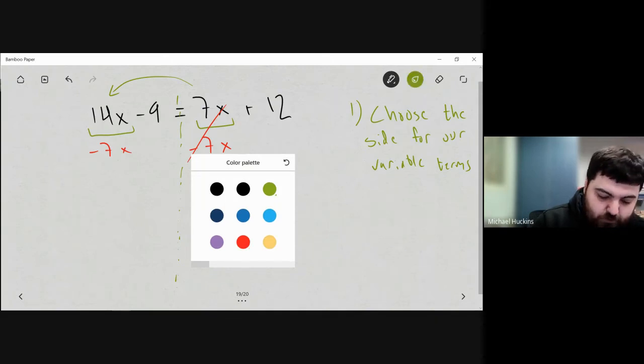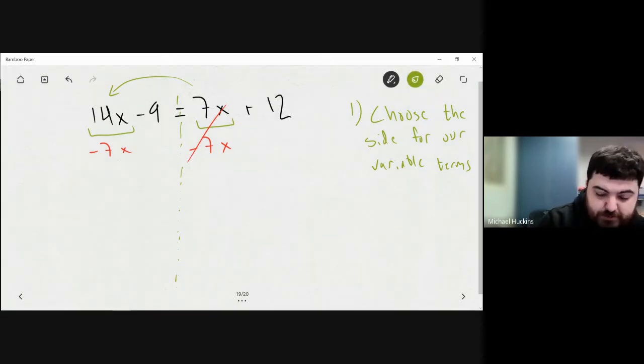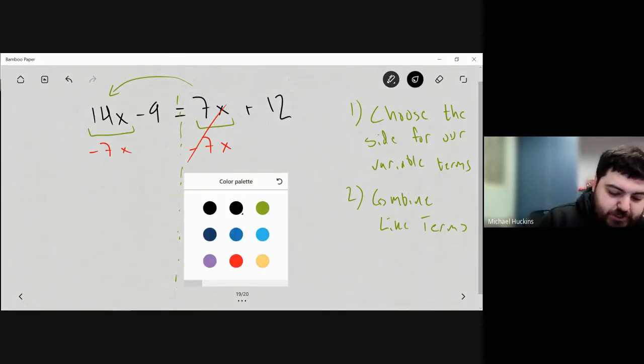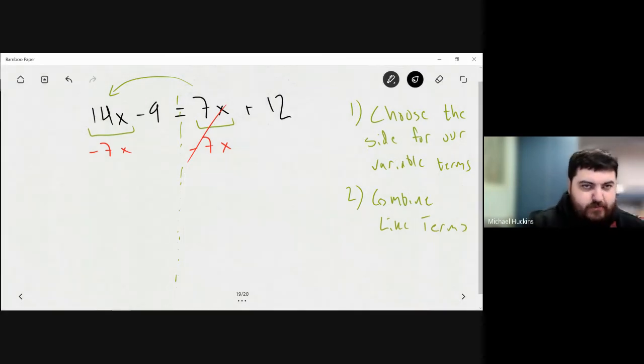That brings us into our second step on the left side of the equation, which is to combine like terms. Just looking at on the left side of the equation, 14x minus 7x.